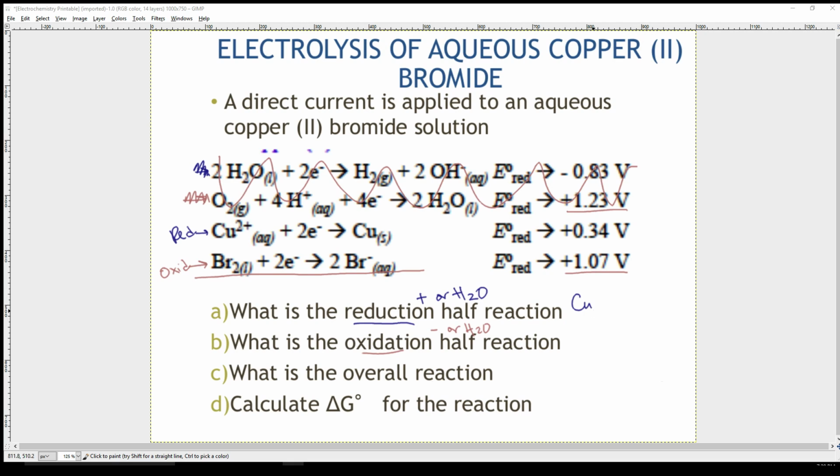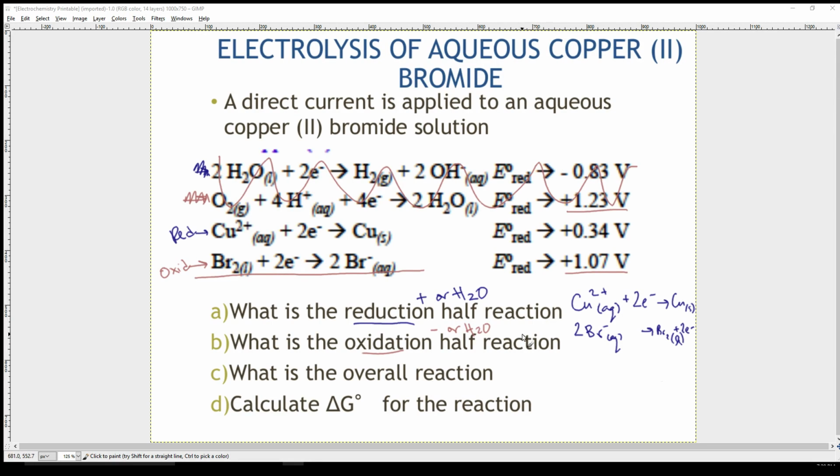So let's write this again before we add them together, because otherwise this is going to get funky. Plus 2 electrons, copper, solid. Okay, flip the bromine to Br minus. Reacts to form Br2, and it's a liquid. Plus 2 electrons.